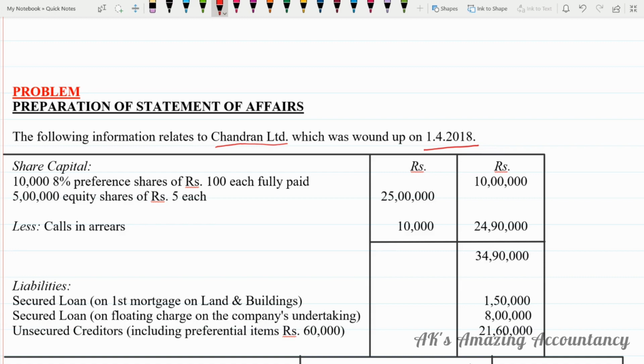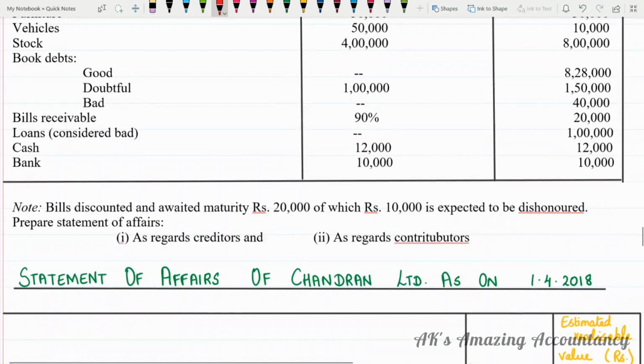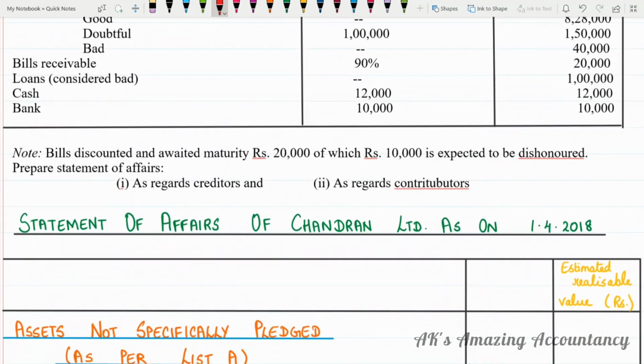So, taking this into account, we have to give the heading for the statement. What will be the heading? Statement of Affairs of Chandran Limited as on 1/4/2018. This will be the heading.